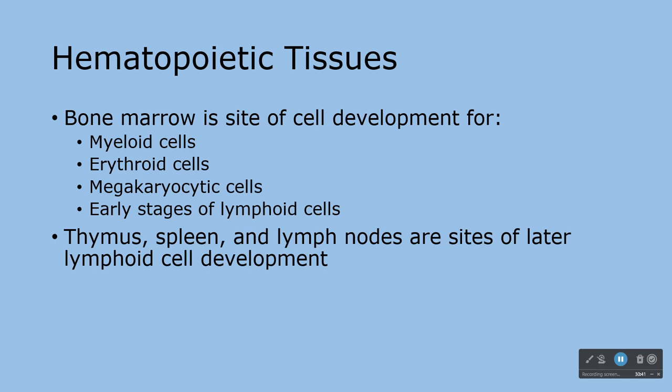If we're talking about stuff being formed in the bone marrow, we say medullary hematopoiesis. Okay? Now, if we say extramedullary hematopoiesis, we're talking about the spleen, thymus, okay, and what's the other one? Lymph nodes.